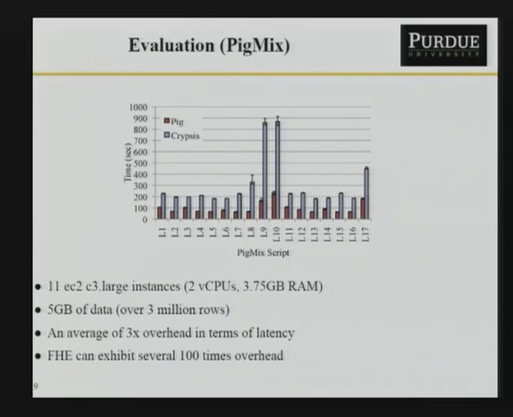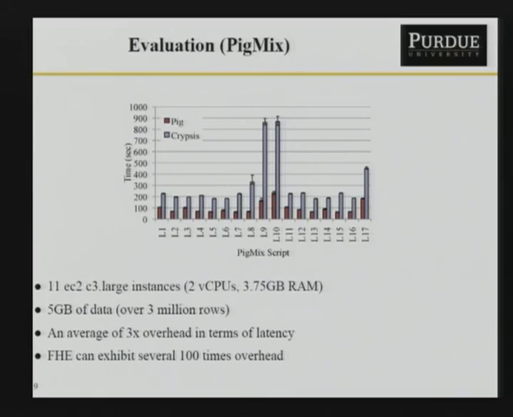To perform this computation, we used 11 EC2 large instances with 2 virtual CPUs and 3.75 gigabytes of RAM each. Our data size was 5 gigabytes, which was over 3 million rows.